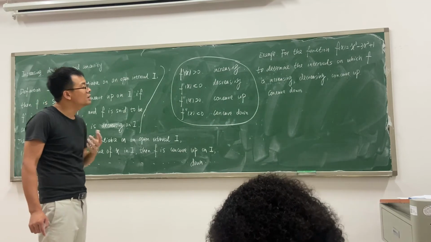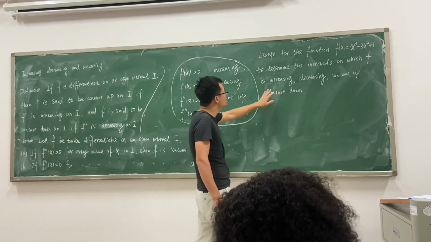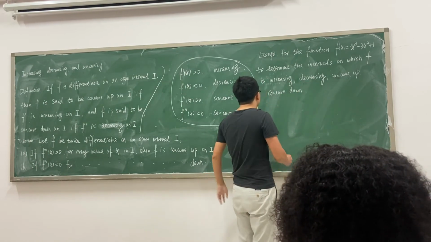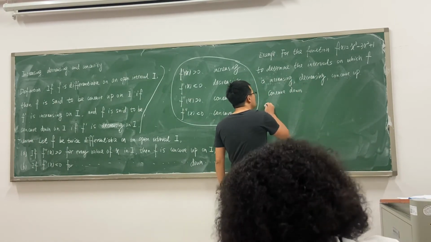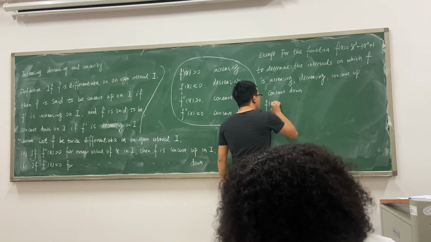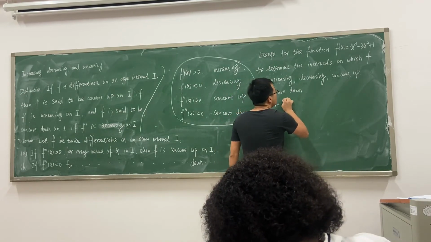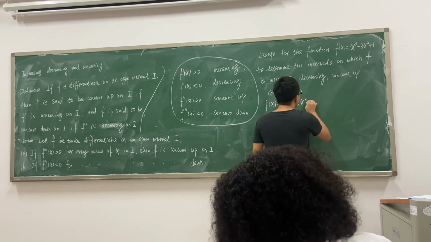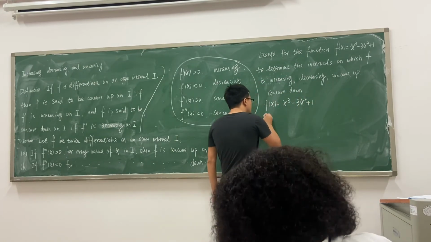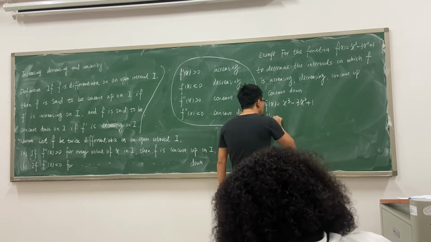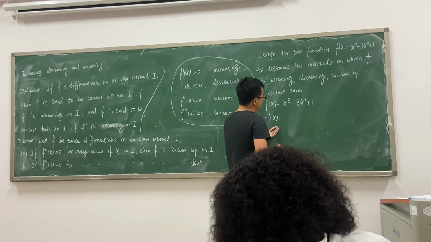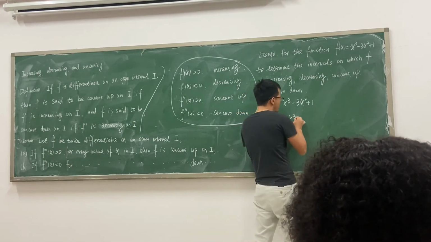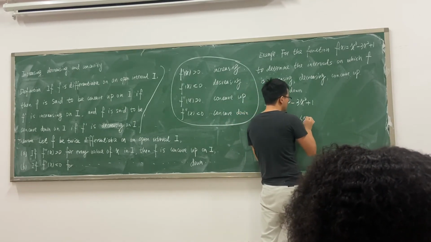So now let's see. To see increasing or decreasing, we look at the first derivative. For f(x) equals x cubed minus 3x squared plus 1, the first derivative f prime equals 3x squared minus 6x plus 0.